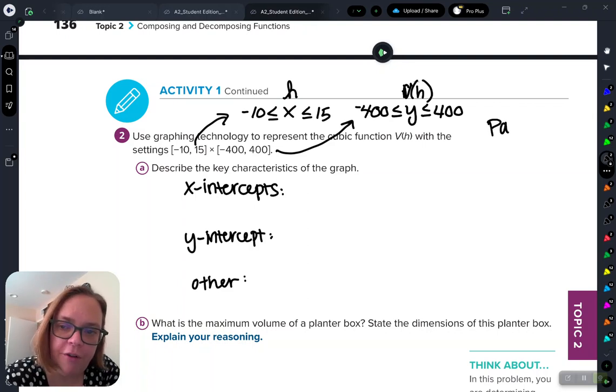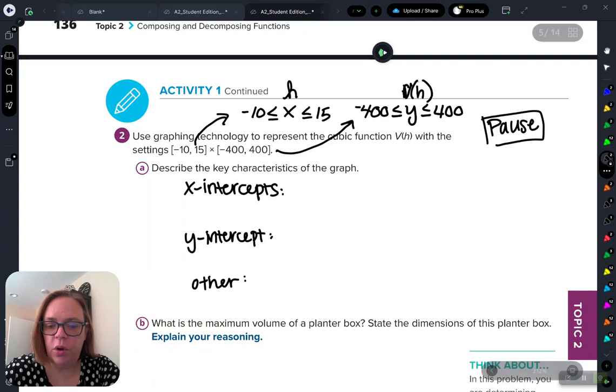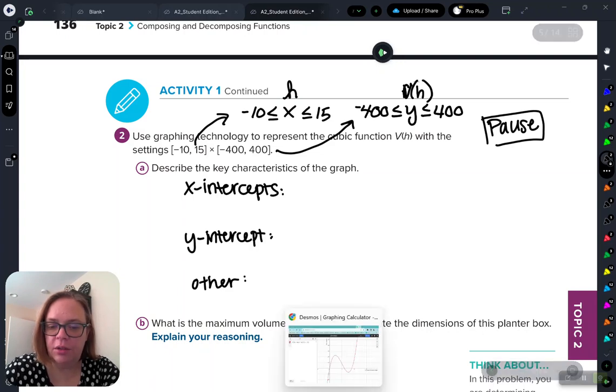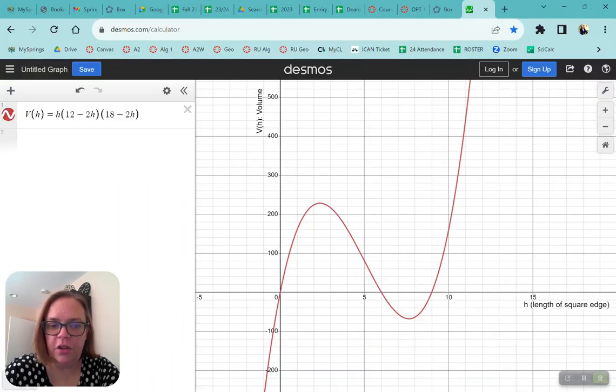I want you to look at the graph, and I want you to identify what those are. Okay, so I do want you to go on to Desmos and type this function in. Practice typing in the function yourself so that you can identify these things. Go ahead and go on to Desmos, type it in, find those key things, and see if you can answer as many of those questions as possible.